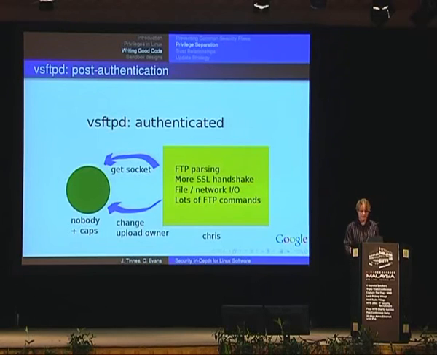But you don't need root to do that operation. You just need a single capability. So that's why we can run this new privileged process over here with very little privilege, just sort of the figurative nobody again, but just with a little bit more privilege, which is the single capability to hand out these sockets.